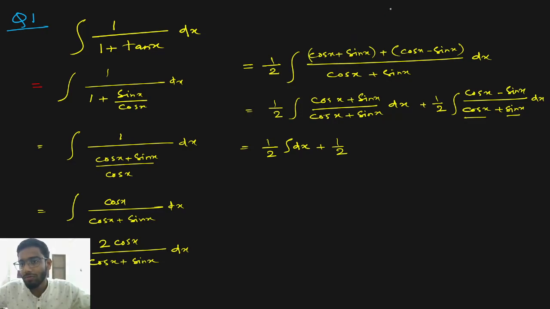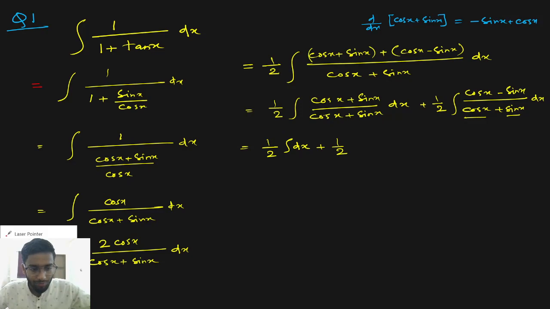If you take d/dx of cos x plus sin x, you are actually getting minus sin x plus cos x, which is nothing but our numerator. Okay, so for this formula we know that it will be log modulus of this denominator cos x plus sin x.